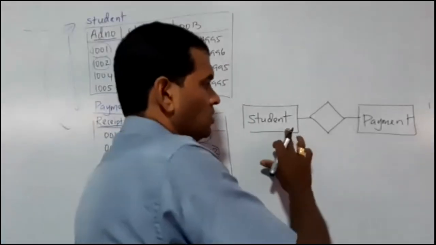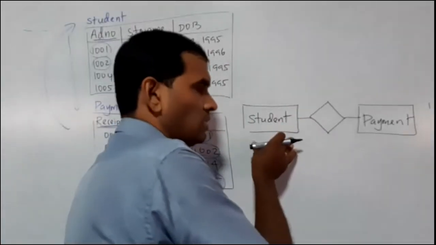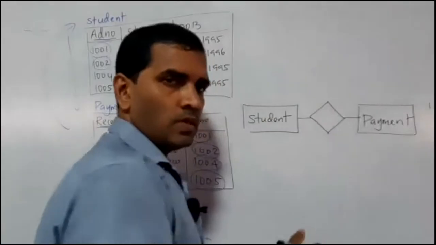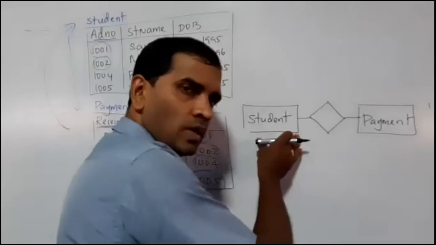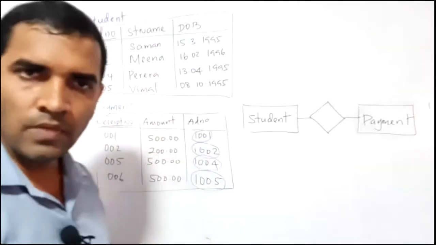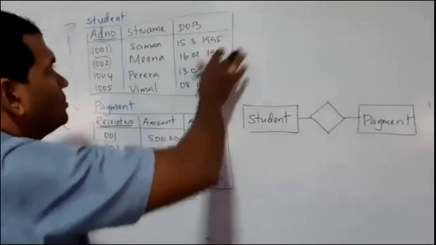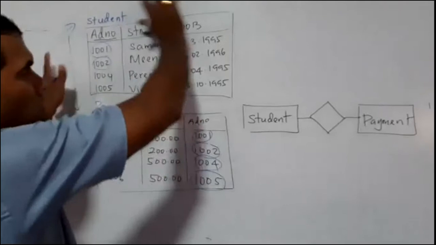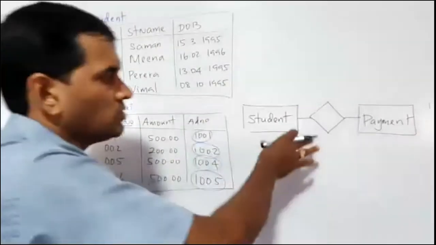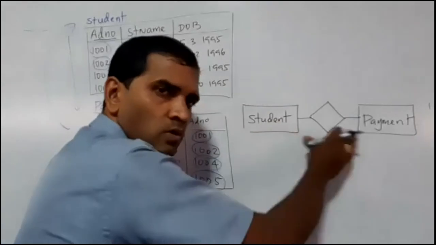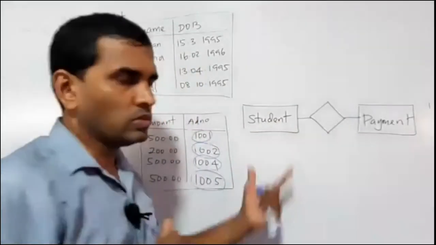Okay. So look here, this is student table. This is payment table. We all know that the student table has student details, right? Even if I don't show these two tables, assume they are hidden, erased, and you are watching only these two things.